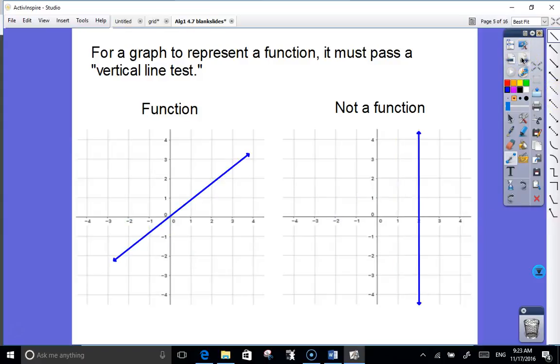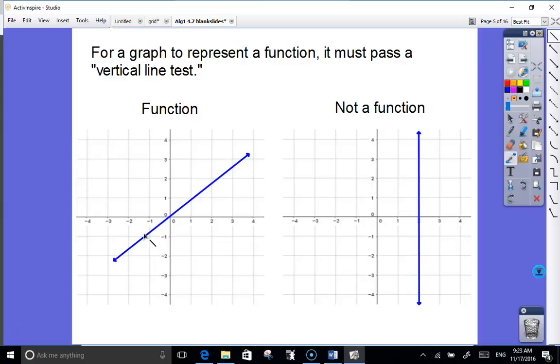Now, if we have a continuous graph, and at this point the only continuous graphs we know are straight lines, something like on the right, you can't draw a vertical line through every point on that graph, because how many points are there on the graph? All you can do is imagine. Can you imagine anywhere on the graph on the left that you drew a vertical line and it would intersect in more than one place?